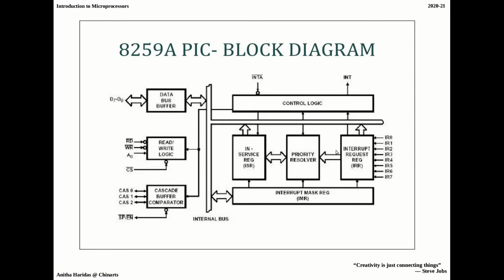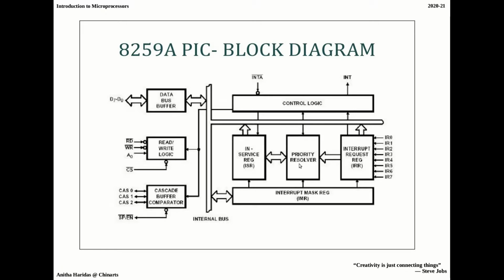So what is it going to do? In the in-service register, you will have 8 bits because 8 request lines are there. The IRR will have 8 bits for each device. In the same way, the in-service register will also have 8 bits for each device.